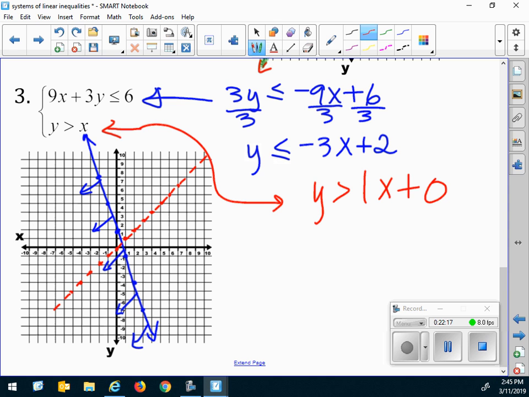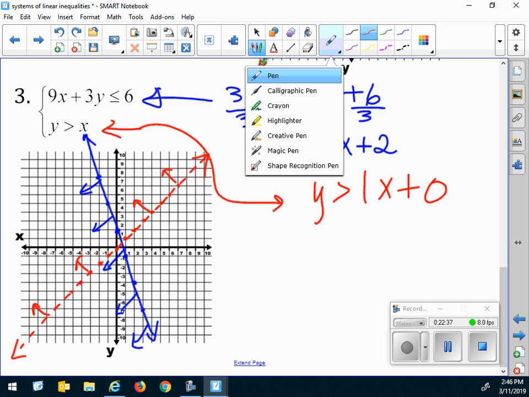It's a mixture. Greater than? Above? I'll take that.